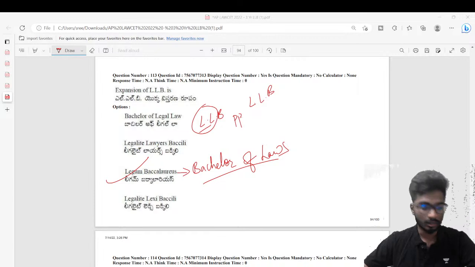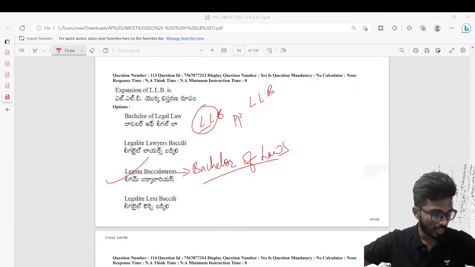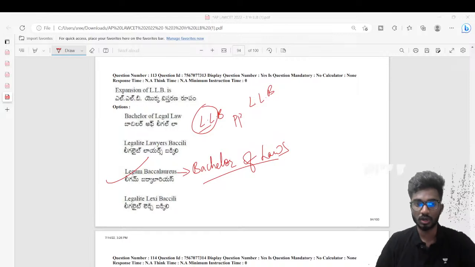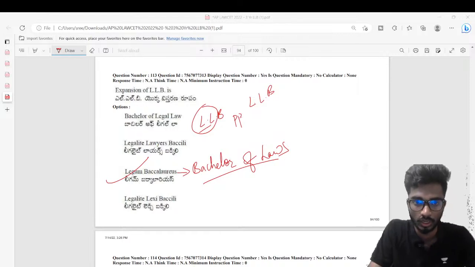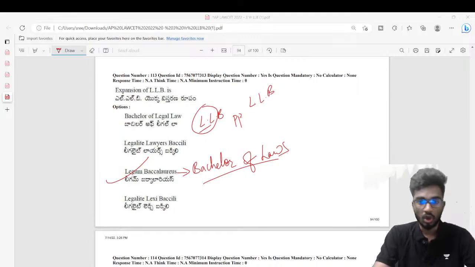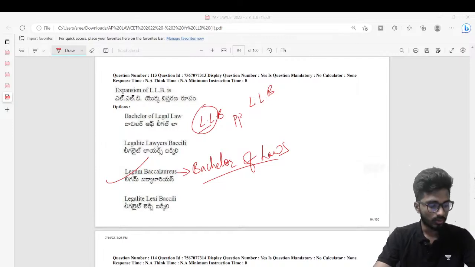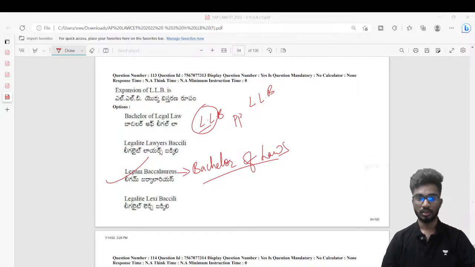It is the law of the land. If it were Bachelor of Legislative Law, you would not study Constitutional law, but it is a very important law in Bachelor of Laws. Laws means all laws, whether public law, private law, or law of the land. Next question.